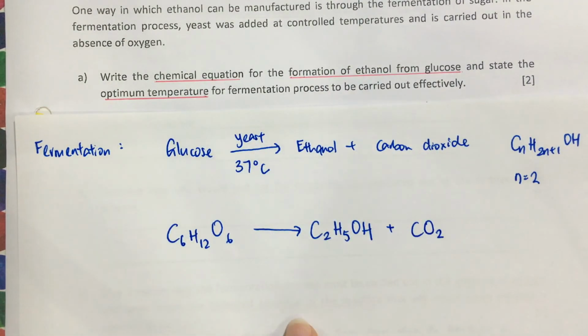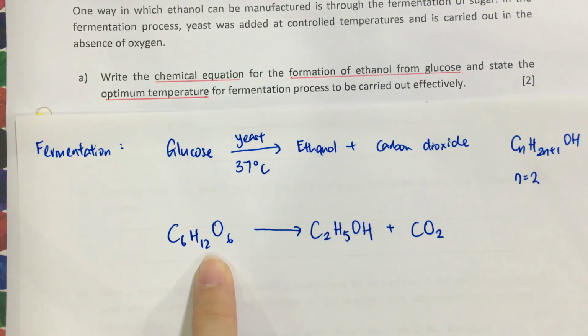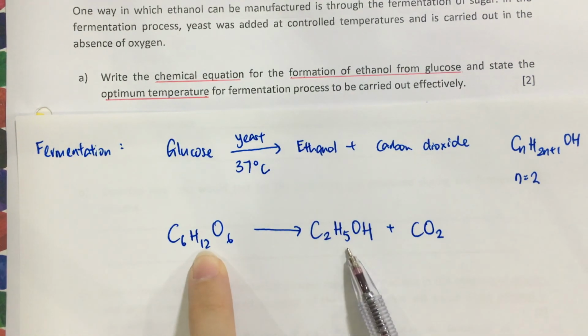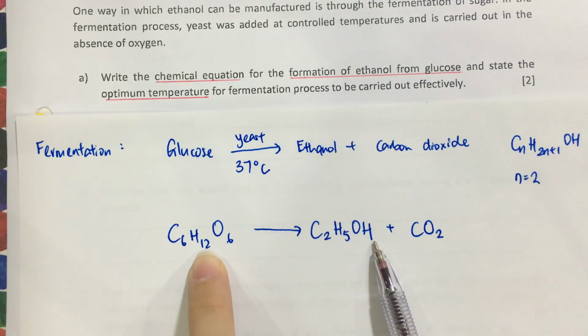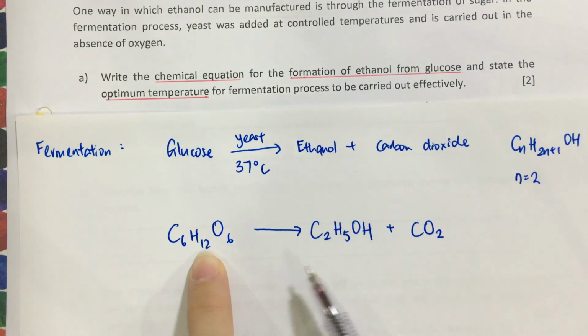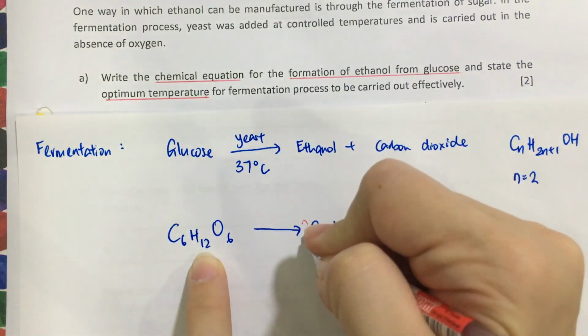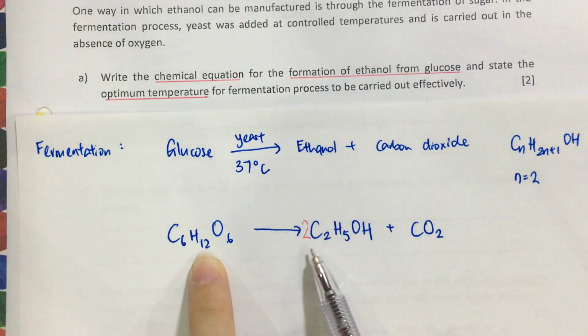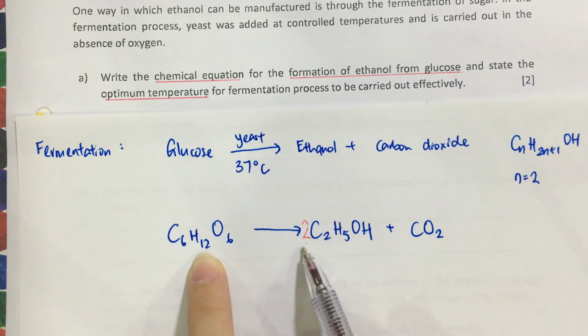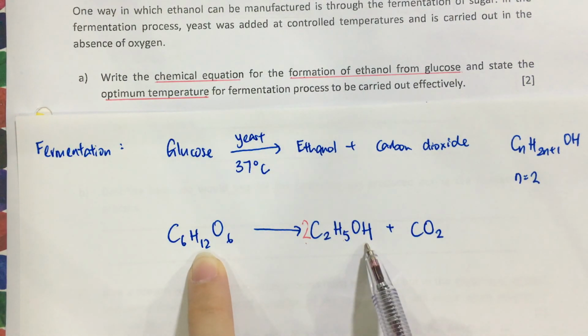Okay, then the next step you need to do is balance the equation. To balance the equation, we have carbon and hydrogen. We can count our hydrogen first. There is 12 hydrogen here. There is 5 plus 1, 6 hydrogen here. So to make it 12, we should put a 2 in front. Once we have that, 2 times 5 is 10, plus 2 is 12. So our hydrogen is balanced now.